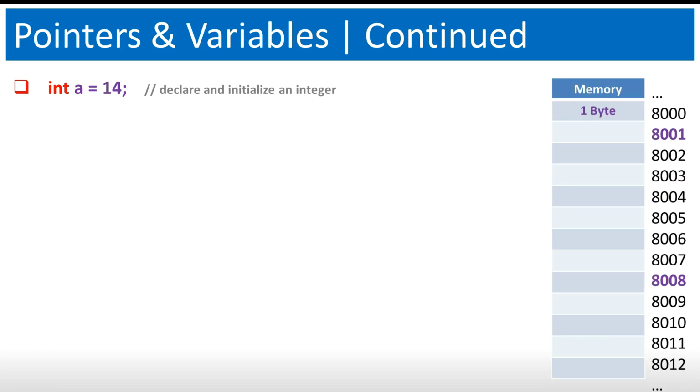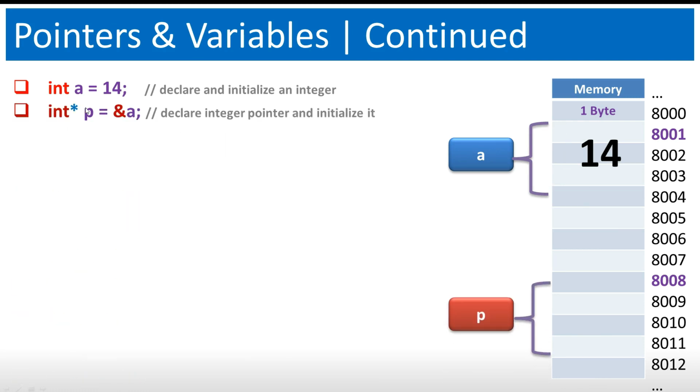Okay, let's continue our discussion on pointers and variables. Again, I'm going to declare an integer A variable, and assign to it 14. So this is an initialization declaration. You just immediately declare and initialize the variable. In this case, it's going to be immediately taking up 4 bytes with 14. And now this is another declaration with initialization.